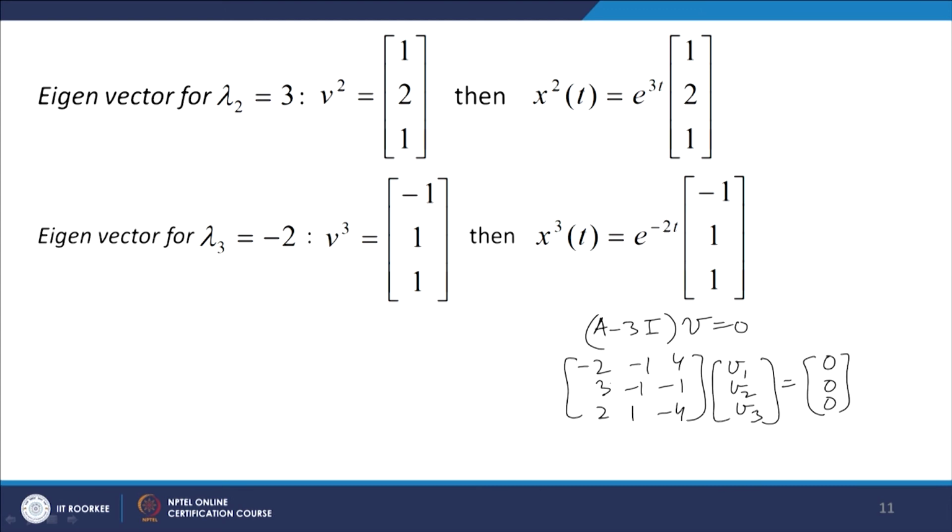So we can consider only the first two equations, that is the first two rows, minus 2 minus 1 4, 3 minus 1 minus 1, and the two equations in 3 unknowns b1 b2 b3 can be solved, okay, and we will get an eigenvector for lambda 2 equal to 3 as v2, that is 1 2 1, okay, and the corresponding solution will then be x2(t) equal to e to the power lambda 2 t, that is e to the power 3t times 1 2 1.